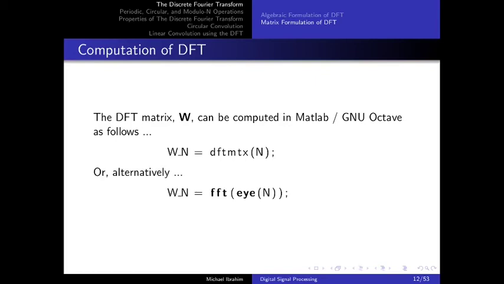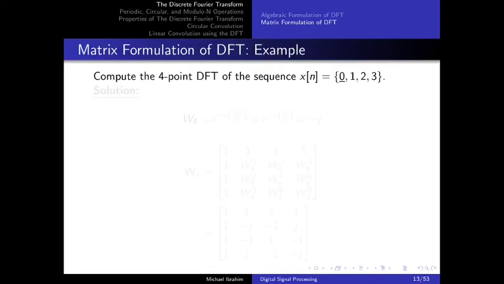Or you can use fft of eye of N capital. eye of N capital will give you the identity matrix, which is ones along the diagonal, zeros otherwise, and fft will compute the FFT or the DFT, and it will give you the same result, the same matrix W_N.